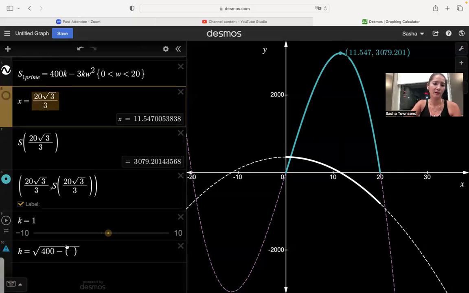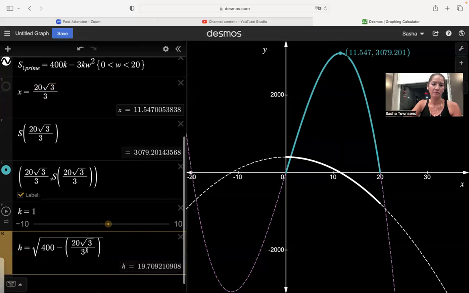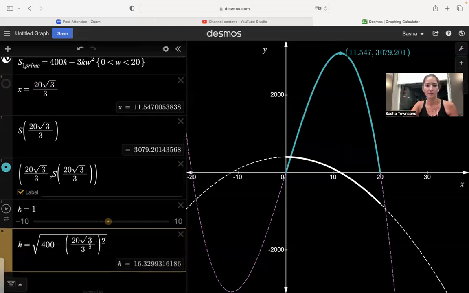I typed x rather than w because I was already using w as my variable. So my h value is approximately 16.33 inches. So our width is 11.5 inches and our height is 16.3 inches when that strength is maximized.